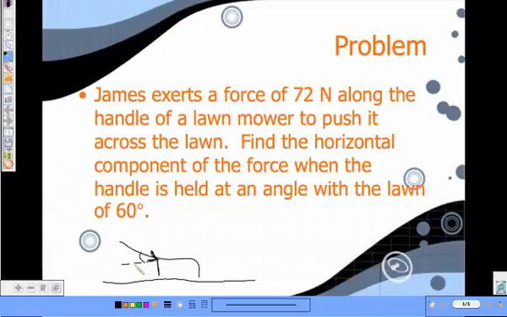This angle is 60, and this is 72 newtons. It'd be like you're pushing down and the handle is at the same angle.